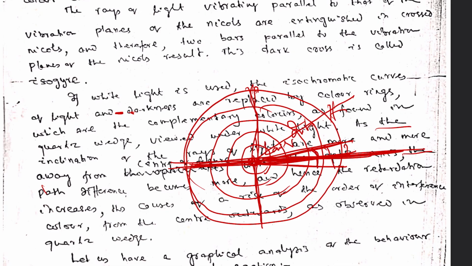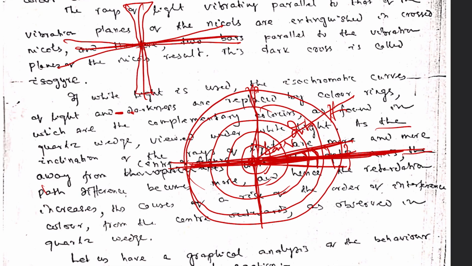So the darkness gradually fades in both directions, because of which the dark cross that we see presents a feature like this: thinner at the center, gradually it becomes thicker. This is the isogyre, which is thinnest at the melatope and gradually thickens.